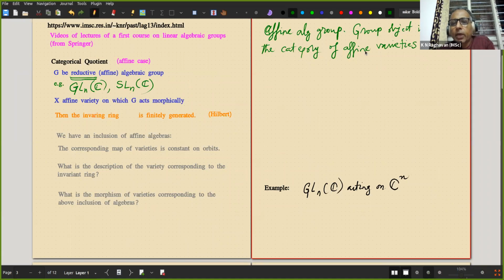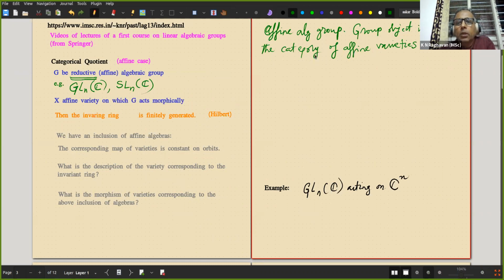So it's basically a variety which is also, there is an underlying group structure on the set of closed points of that variety, and the multiplication and the inverse are morphisms. That's all that means.